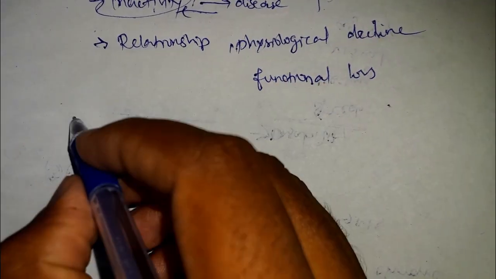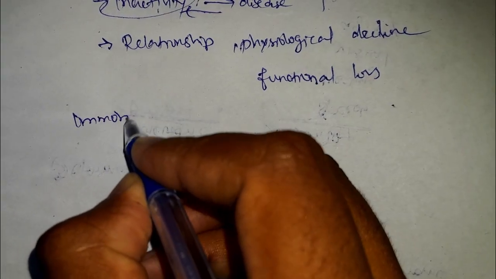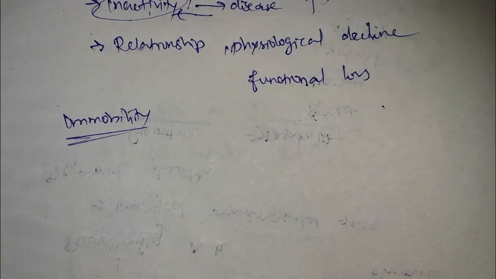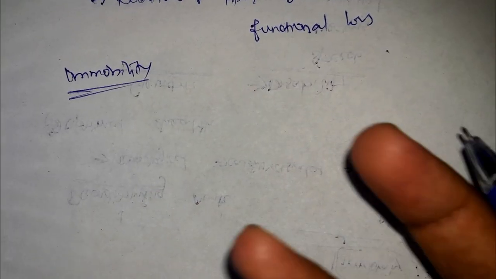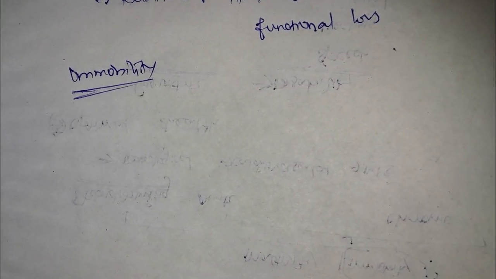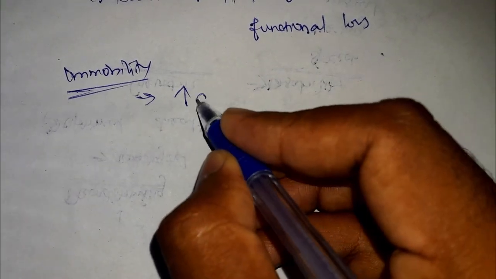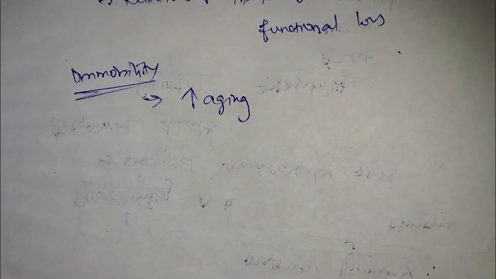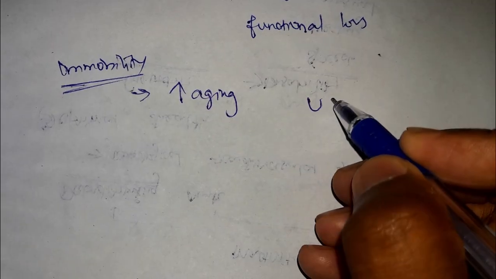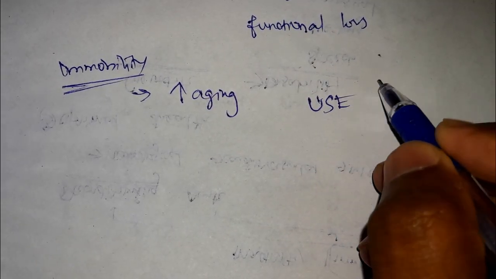If there is any immobility, it is going to be a problem. If the person is on bed rest, then it is a problem. Immobilization accelerates the process of aging. So we can say: use it or lose it.